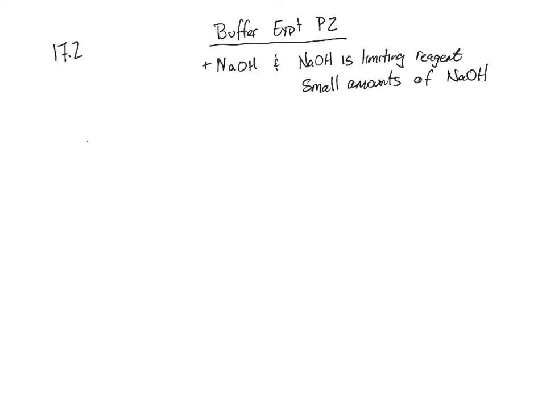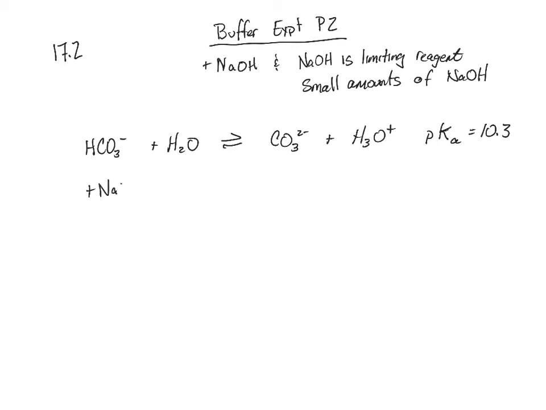Okay, so the buffer system that we have made is sodium bicarbonate plus water is in equilibrium with sodium carbonate plus H3O plus. The pKa of this equilibrium reaction is 10.3. When we add NaOH, which is a strong base, it is going to react with the acidic portion of this buffer, which is the sodium bicarbonate.